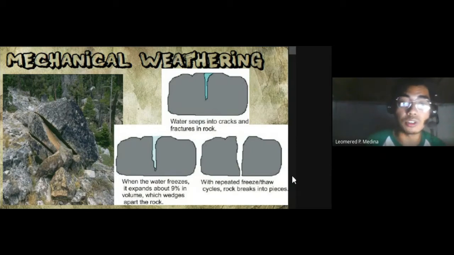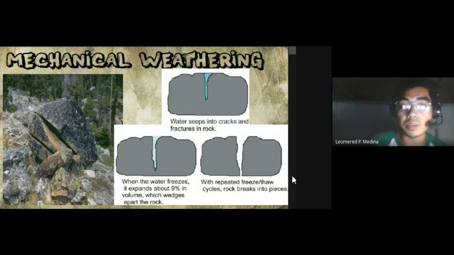Then, because of the very low temperature, the water will solidify. Once it solidifies, it will expand. With the expansion of the ice that is present in these cracks on the rocks, it will create more cracks and disintegrate the material.